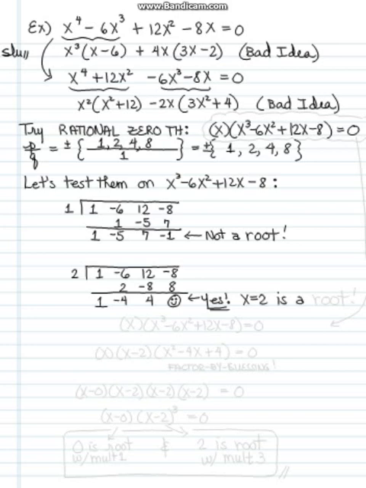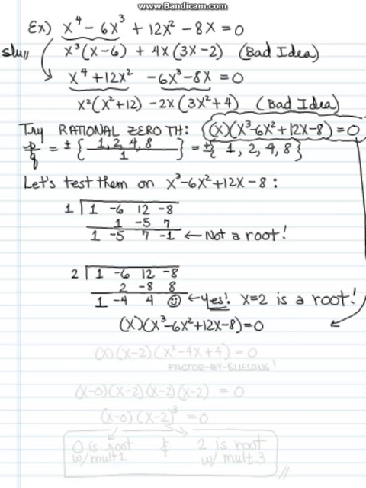is a root. Okay, so let's take what we had before. That's this one right here. Let me put a little cloud around it. It's important. Bring it down here. It was x times x cubed minus 6x squared plus 12x minus 8 equals 0.